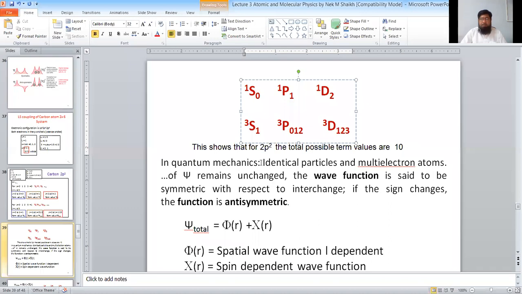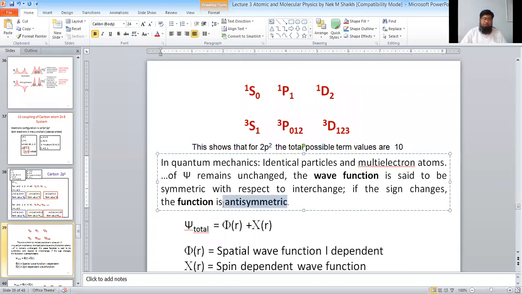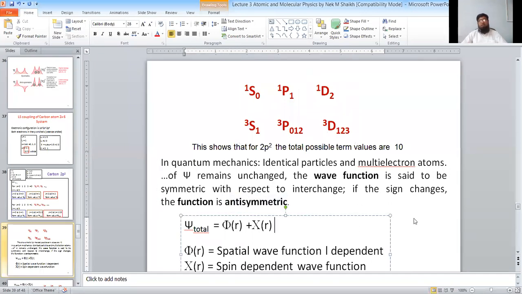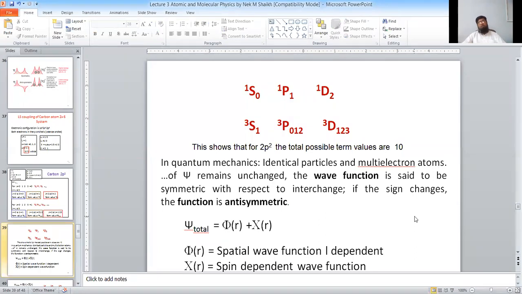In quantum mechanics, for identical particles in a multi-electron system, the wave function psi may remain unchanged on interchange. The wave function is then said to be symmetric with respect to the interchange. If we change the sign, the wave function becomes anti-symmetric. Now, according to the Pauli exclusion principle, the total wave function must be anti-symmetric.